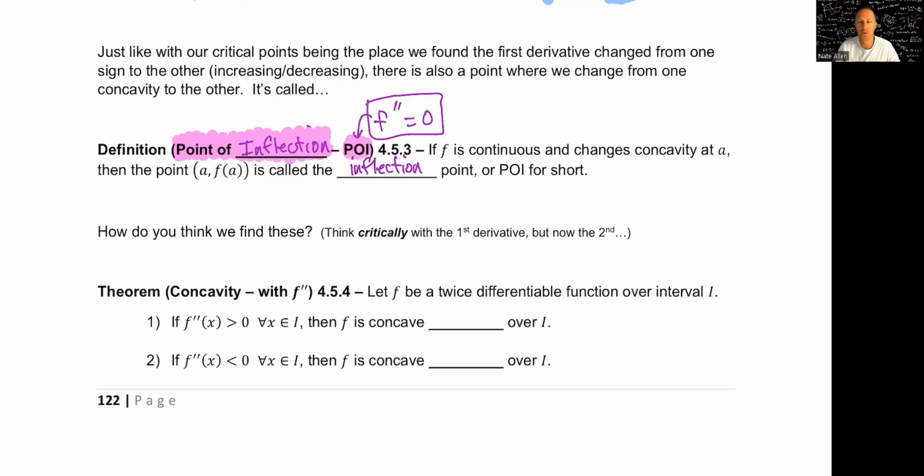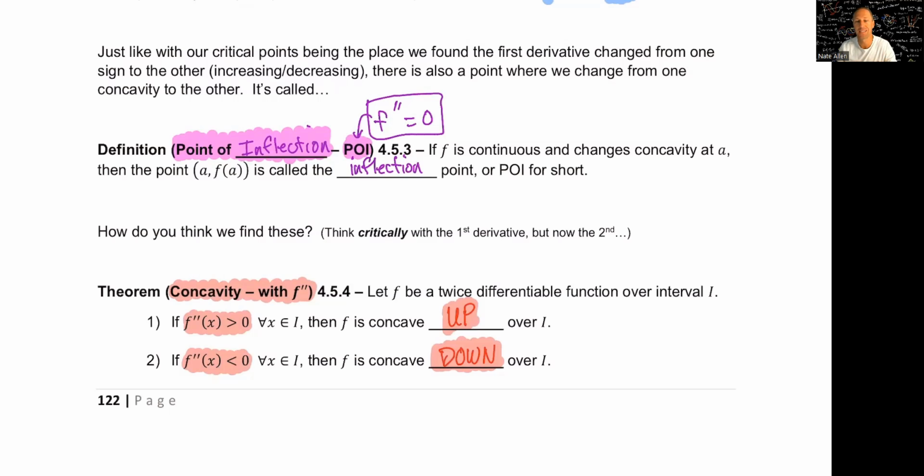So instead of using the first derivative to figure out concavity, you can also use the second derivative. As long as you can take the derivative twice on whatever interval you're concerned with, if it comes out positive, then we will say it is concave up. And if it comes out negative, concave down. So again, just like before, when we took the first derivative, we set it equal to 0 to find those critical, important points, and anything to the right or left of it, we tested to see whether it was positive, increasing, or negative, decreasing.